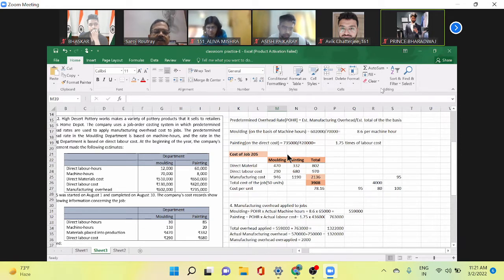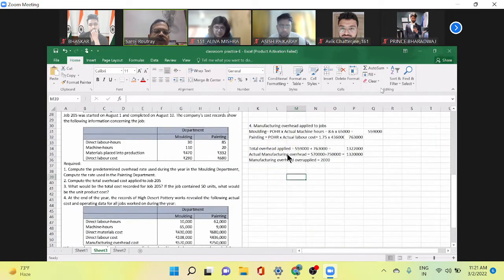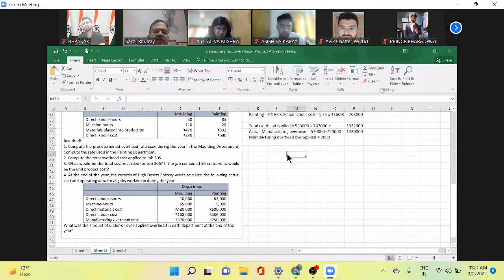The second table is giving information about a particular job where we have to find out the cost of a job. And one more table is also there, which is giving us the information about the actual expenses incurred for the department, not for the job.